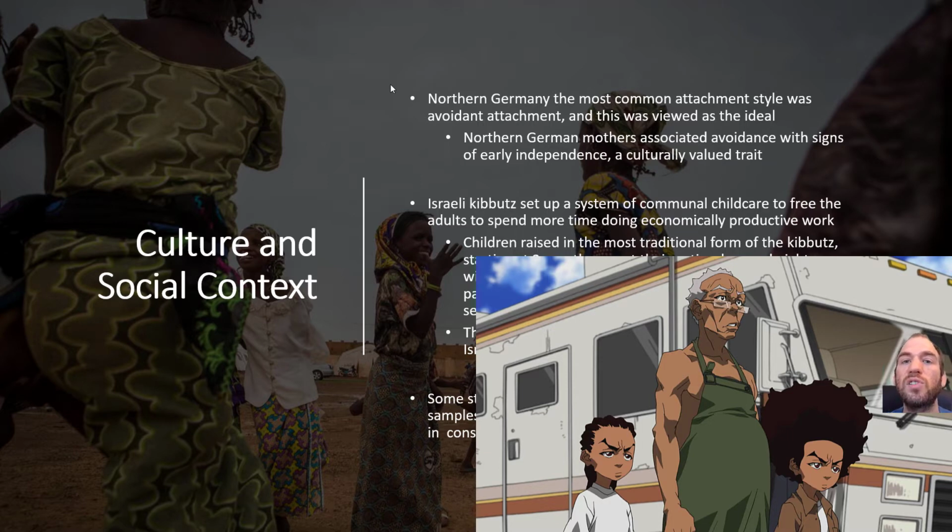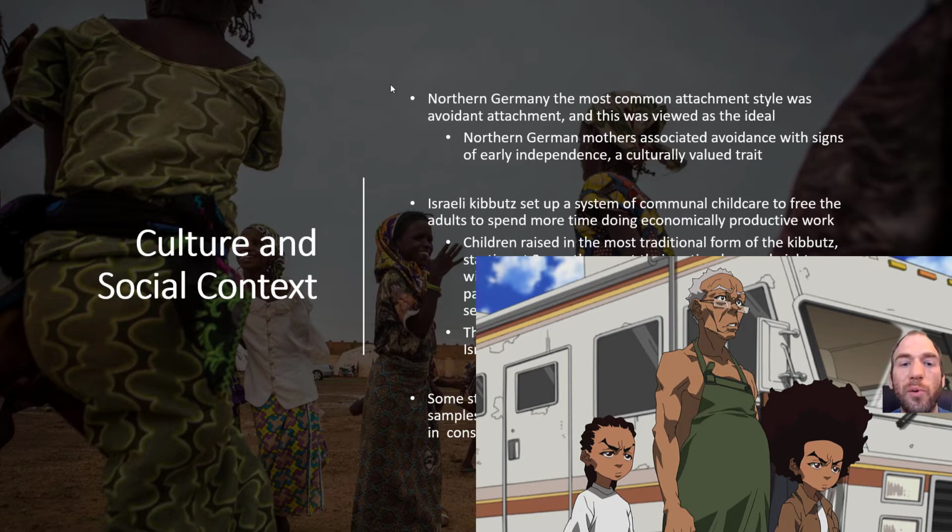However, cross-cultural studies in different contexts have found different results, that mothers, fathers, community members are not always trying to achieve a secure attachment for their children.